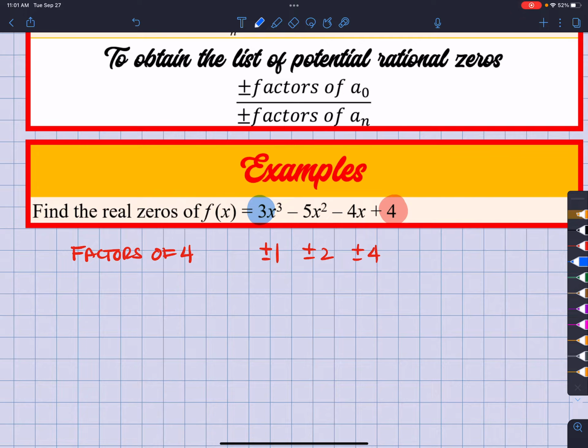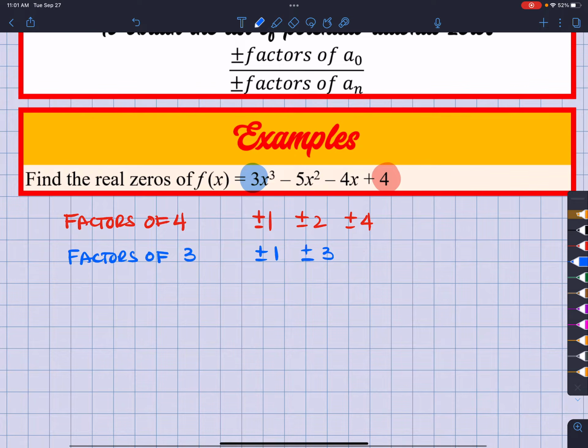Then I have to find factors of 3, which is plus or minus 1, plus or minus 3. Okay, so I have to put this over each other as a ratio, and I got to do every combination.